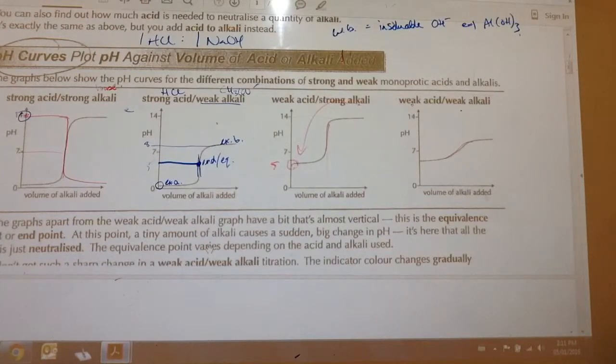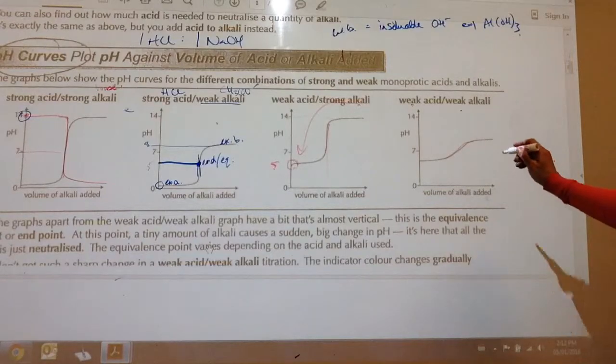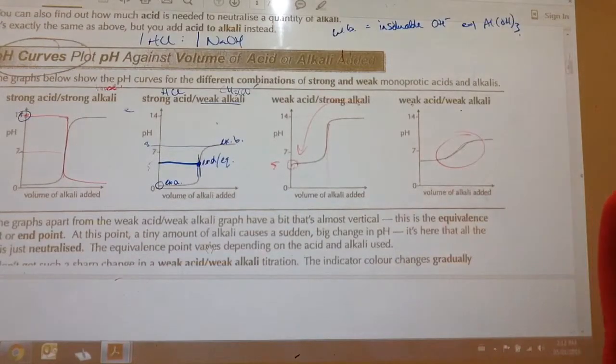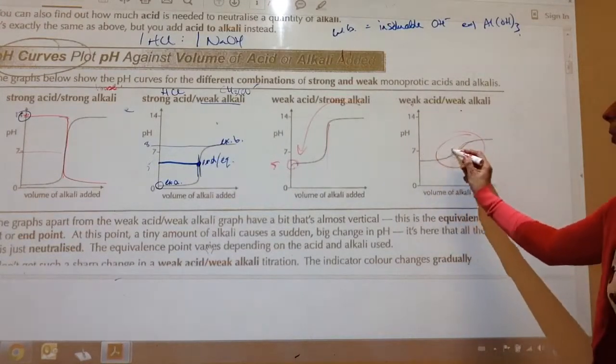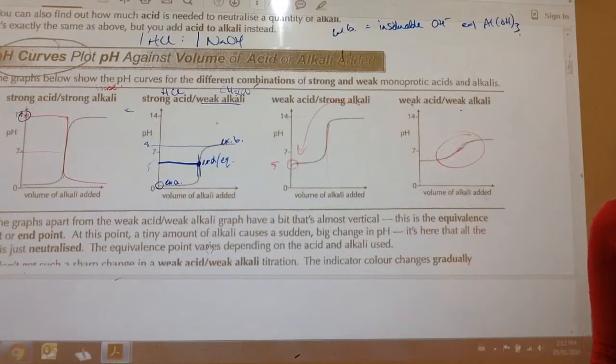It's gone from colorless to a medium pink to a dark pink right away. Whereas this is drawn out. So for these, weak acid, weak alkali, I can't really use an indicator because it's such a drawn out process. I'll never really know when I've reached my endpoint. So for that, I should use a pH meter because the pH meter will tell me 7.